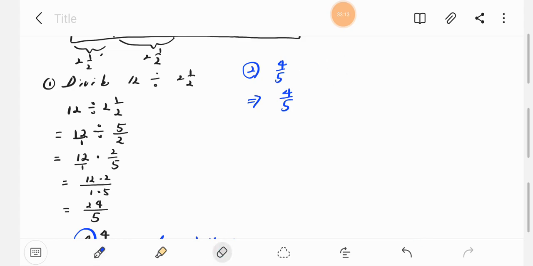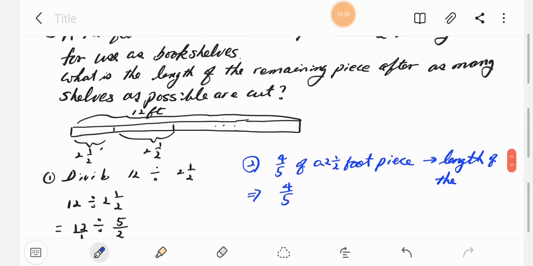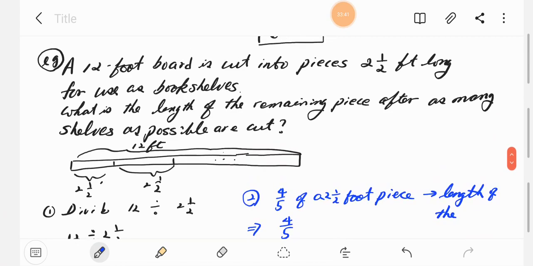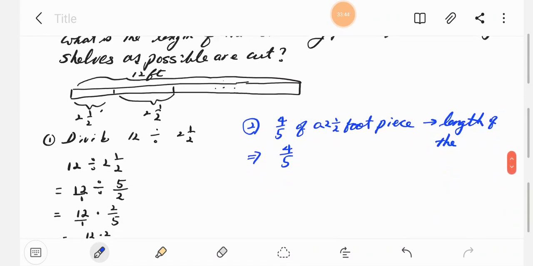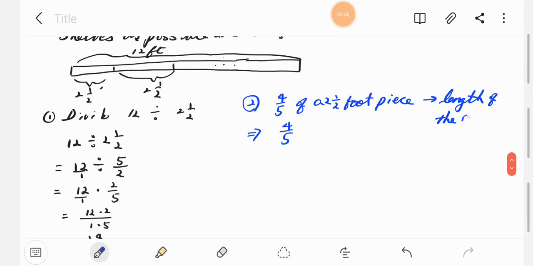So 4/5 of a 2.5 foot piece, this is the length of the remaining piece.